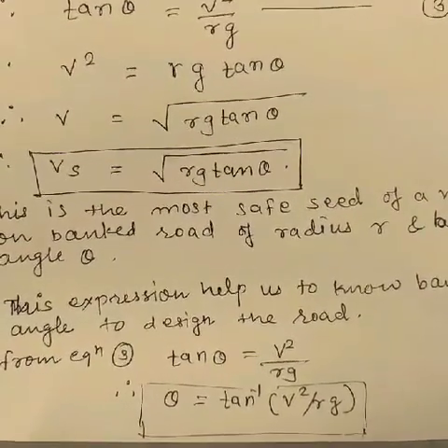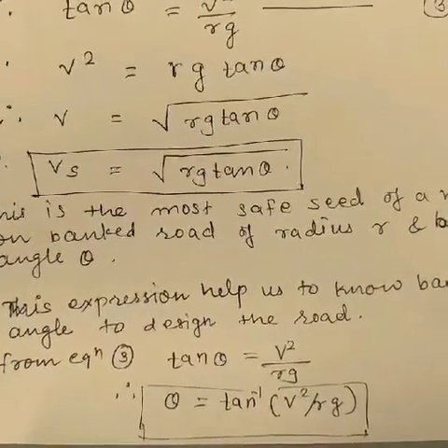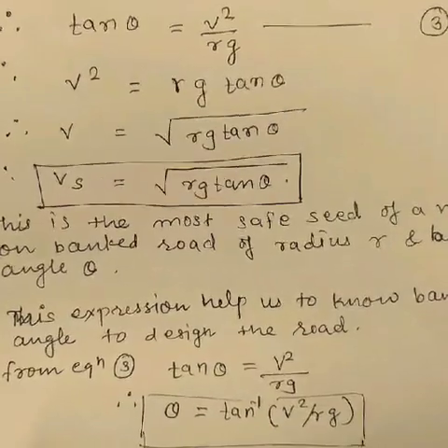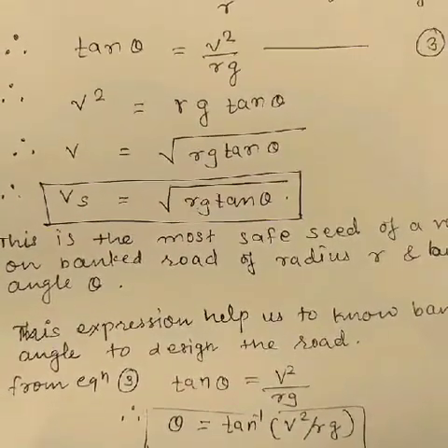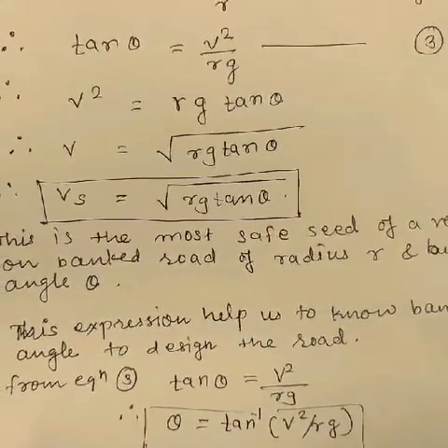This is the value of theta you can find to design a banked road. So with these two expressions we can find the angle of banking and the safe speed on a banked road.